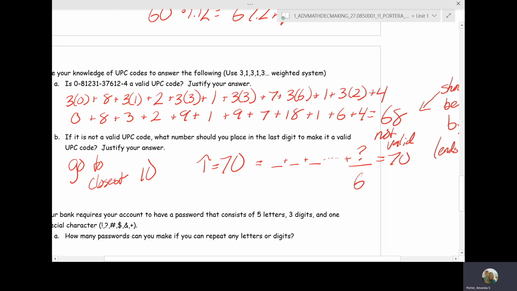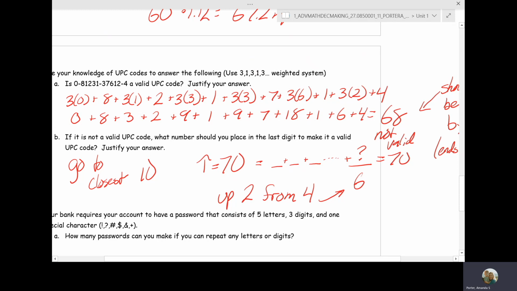If I put a 6 in, that will get me up 2 to give me a 70. So up 2 from 4 gives me a 6, and that 6 gets me up to 70. Hopefully that makes a little sense.